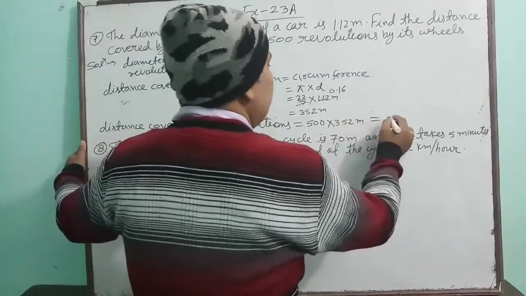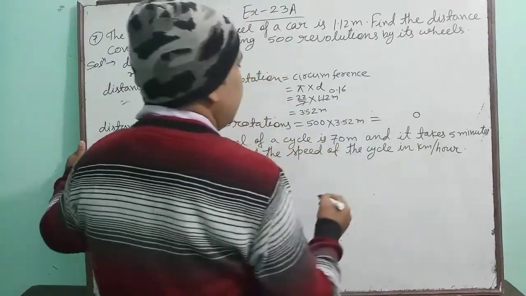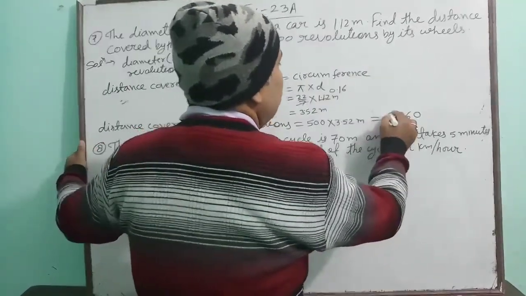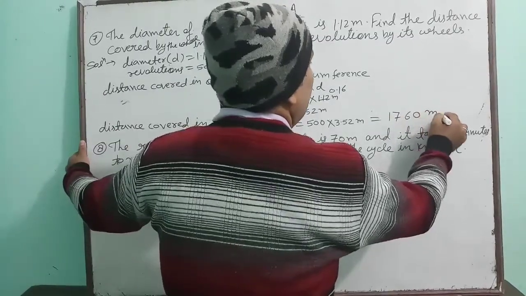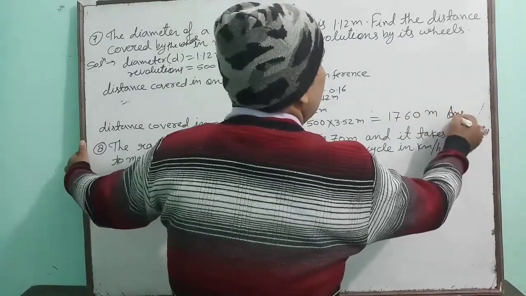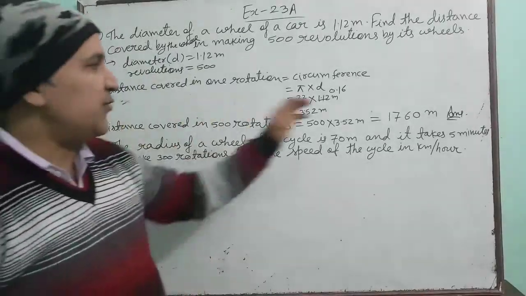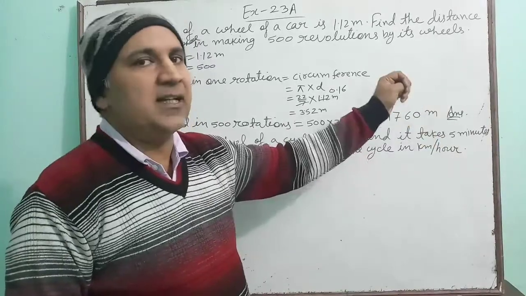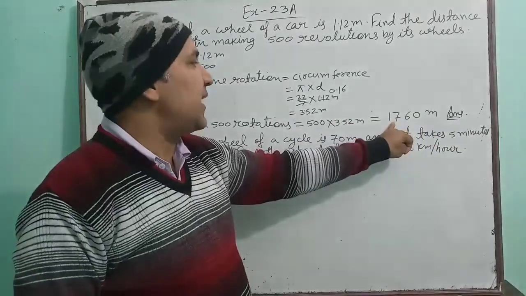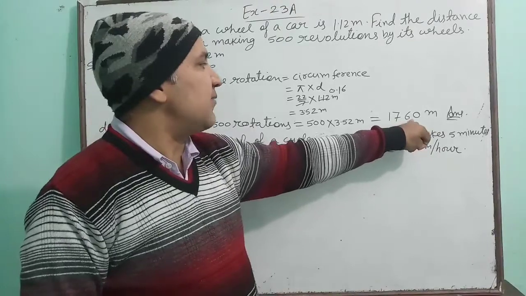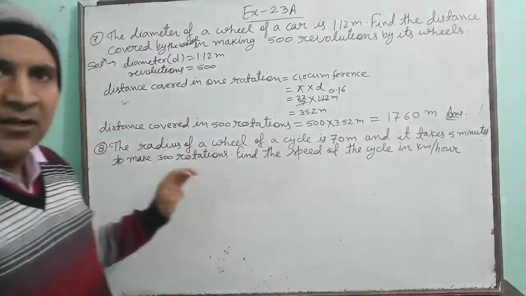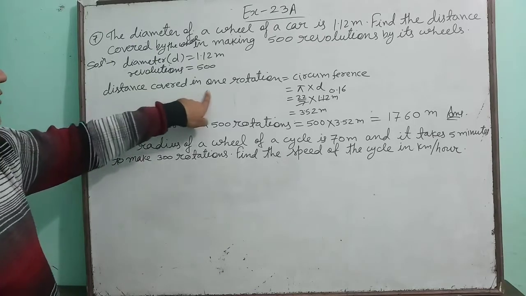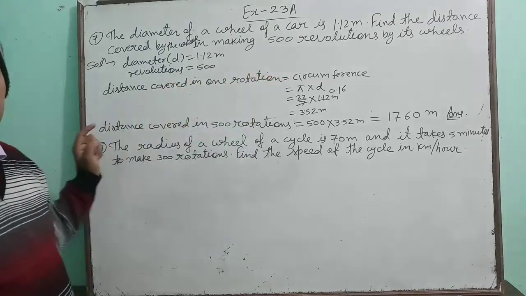By multiplying, you will get 5 2s are 10, 1 carry on, 5 5s are 25 plus 1 is 26, 2 carry on, 5 3s are 15, 2 is 17. So 1760 meter. After the decimal, double zero will come. After the decimal, if there is only zero, there is no value of it. That is why I am writing only this one. 1760 meter. Okay, understood the concept? The main concept is this one: distance covered in one rotation is equal to circumference.